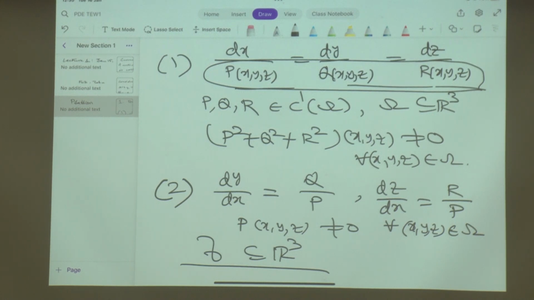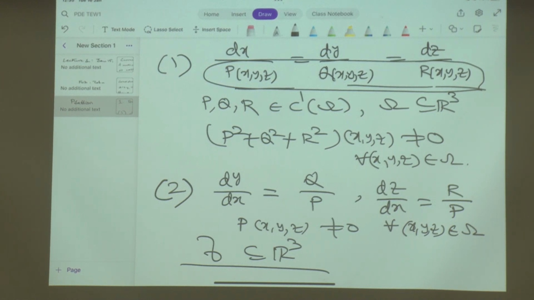Now equation 2, we have dy by dx, which we are familiar with. Equation 1 we are not familiar with. What is dx by p equal to dy by q? It says some things are proportional. I understand very much what is PQR, but I don't know who is dx, dy, dz. What does it mean? How we will see that, we will interpret in the next page. So here equation 2 is dy by dx equal to q by p.